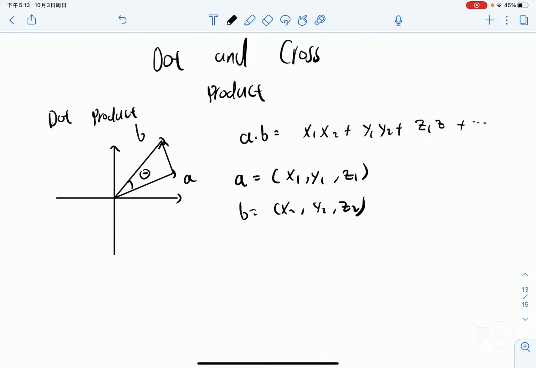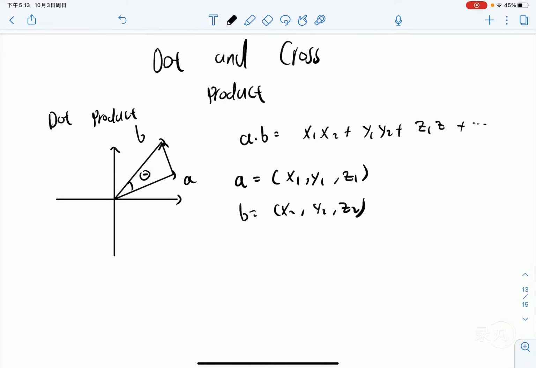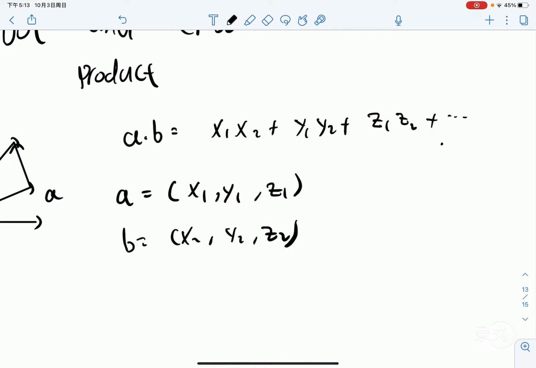If you're going to higher dimensions, then you have something like w1 w2 plus this and this, kind of like that, I guess.